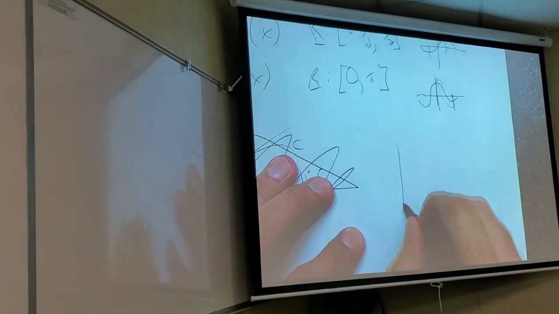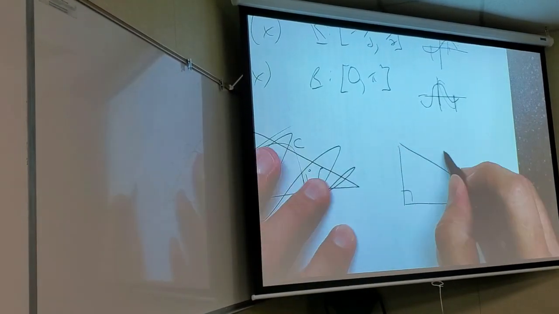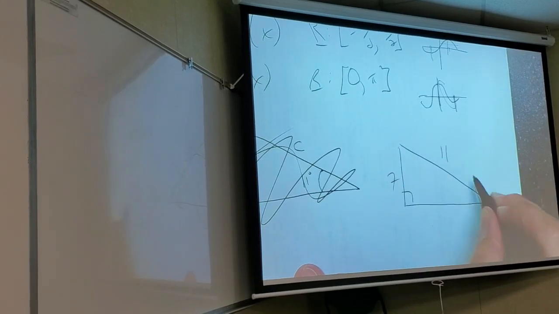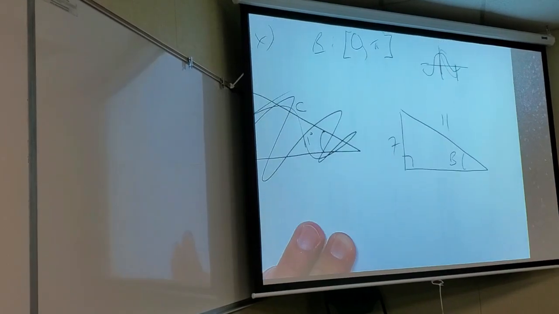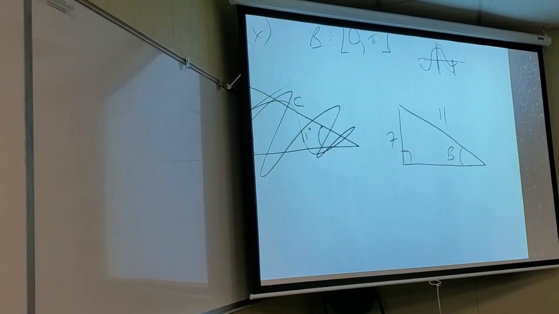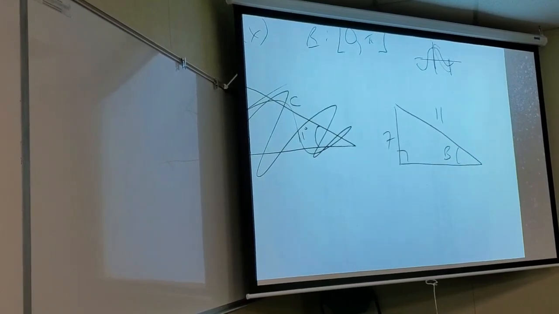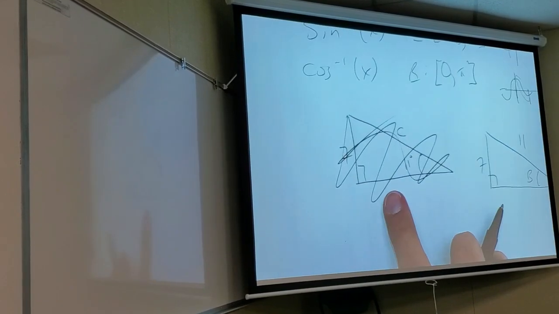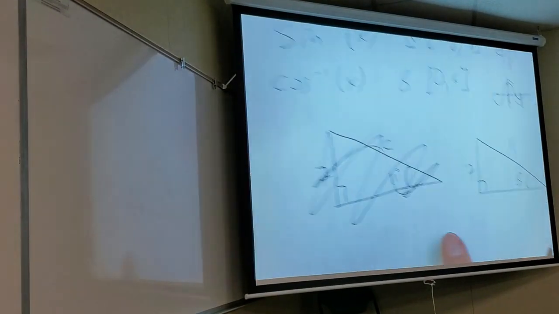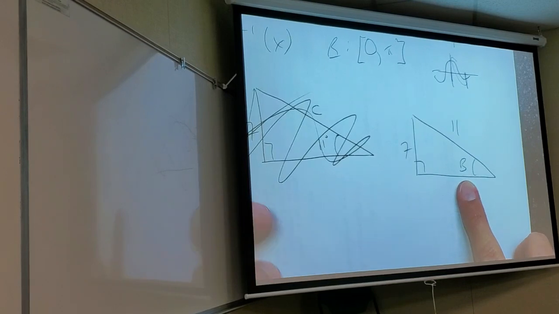Let me try this again. This is what I wanted to do. There it is, Jeff. I want angle B. This other one we could have done all day. That's just a straight up normal trig. How do I get angle B?